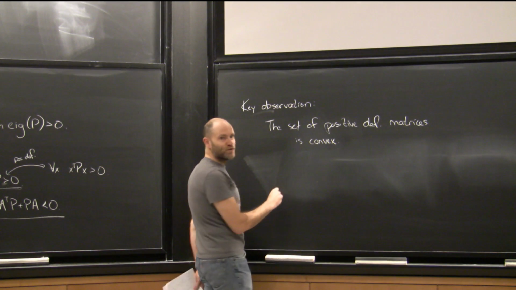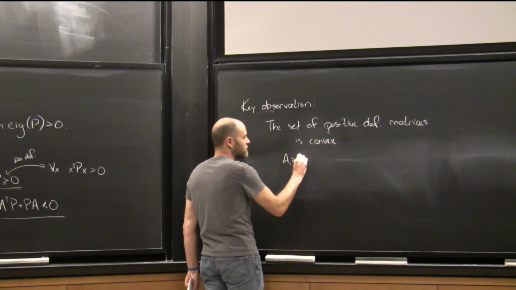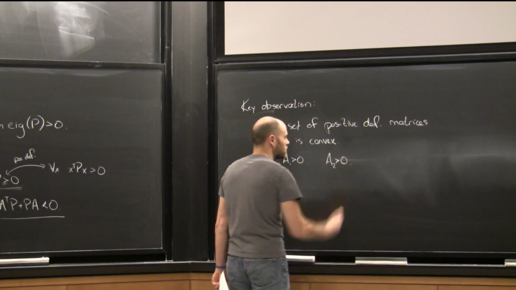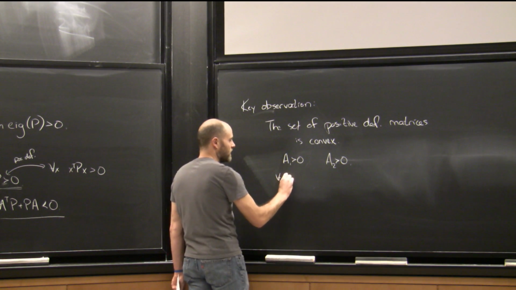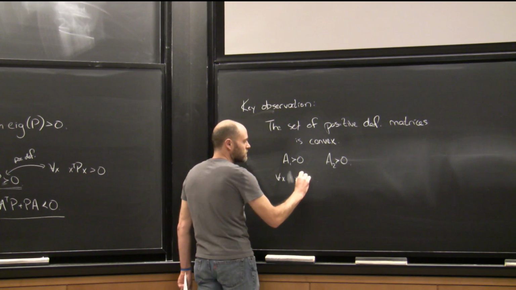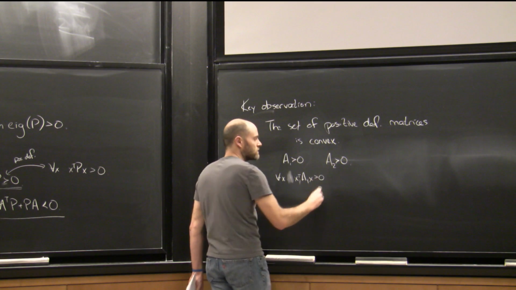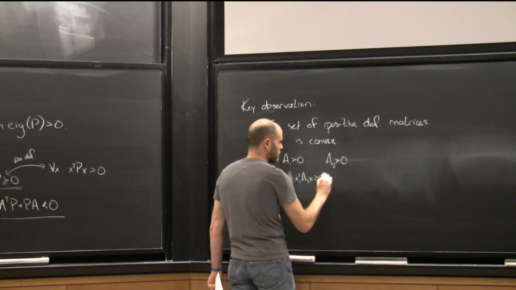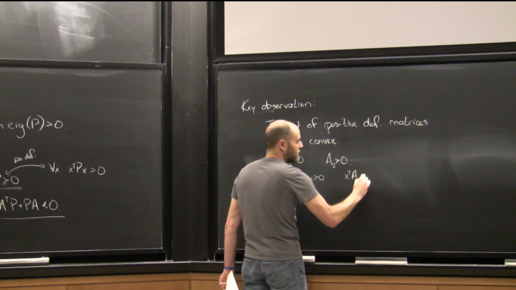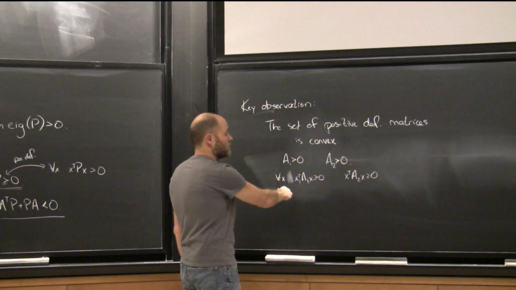So, a two-line proof. Let's say that A1 is greater than or equal to 0, and A2 is greater than or equal to 0, which means for all x, x transpose A1 x is greater than or equal to 0, and x transpose A2 x is greater than or equal to 0.